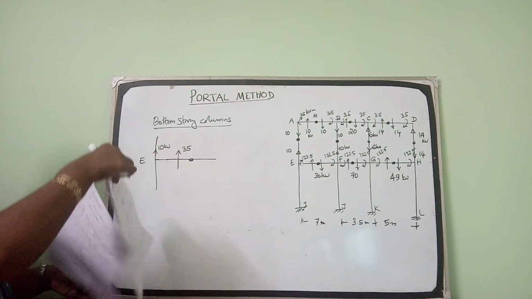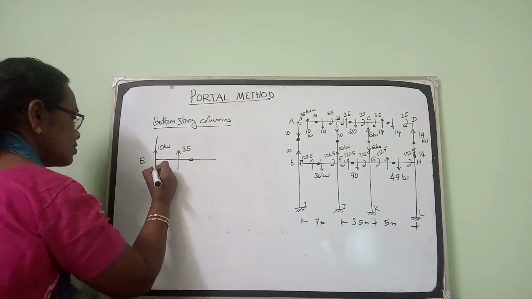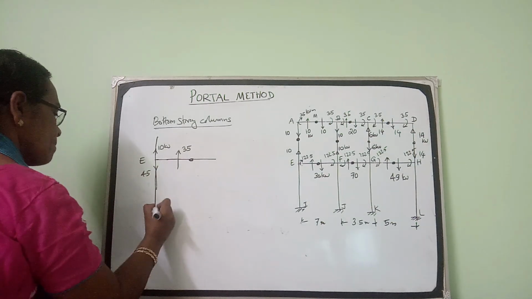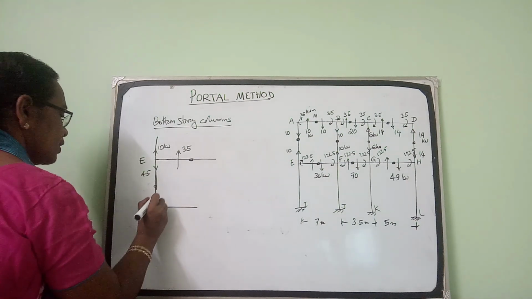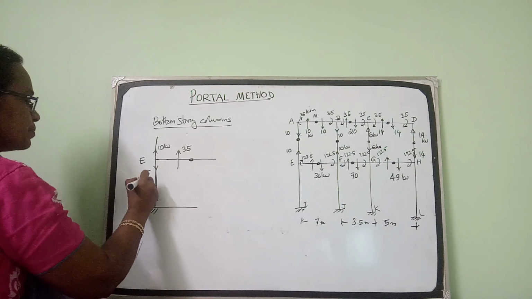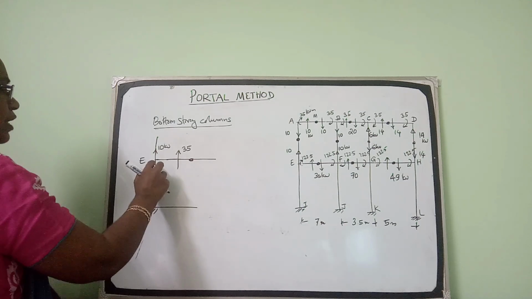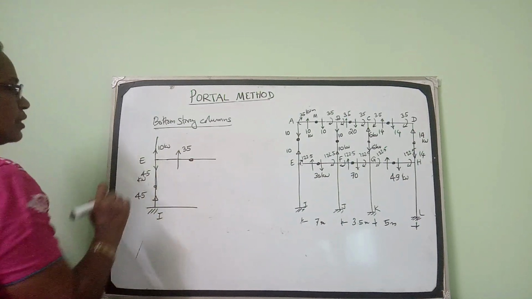So if it is 45, the axial force in this column should be 45. So from here it is upwards 45. Or sigma V equal to 0: 10 plus 35 plus FEI is equal to 0. From that we can get it.